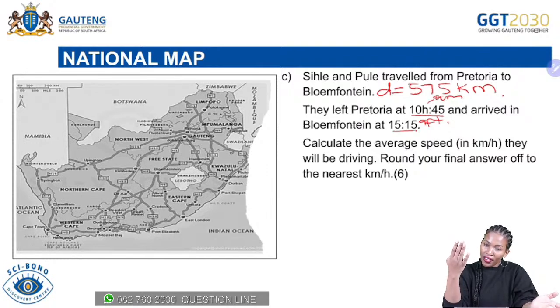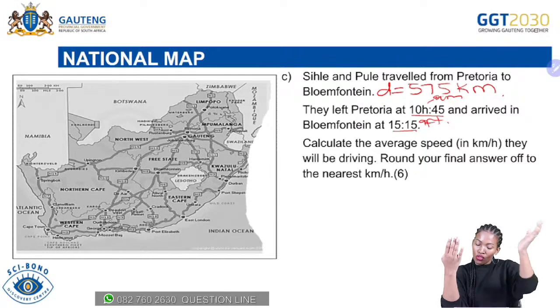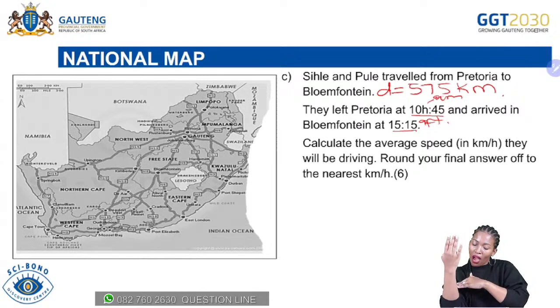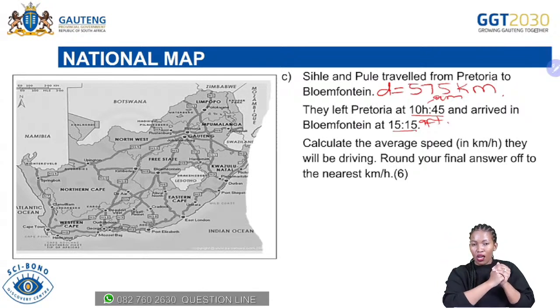So from 2:45 up to 3 o'clock, it is 15 minutes. From 3 o'clock to 3:15, it is 30 minutes. So it means the entire time that they took to travel was 4 hours, 30 minutes, or 4.5 hours.